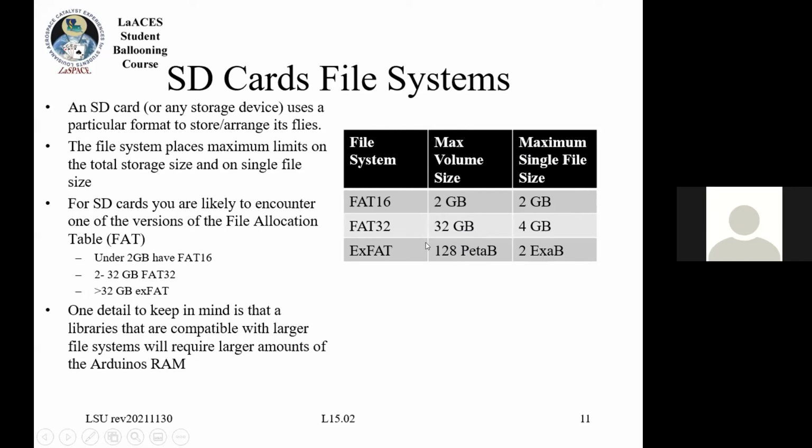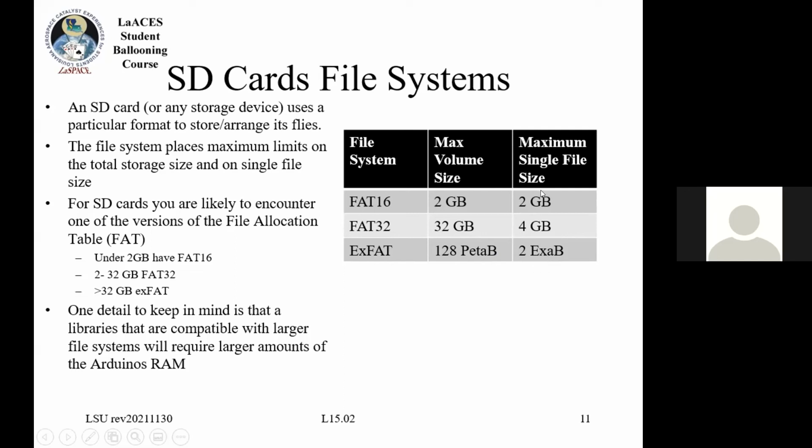And you can see in particular for the exFAT, the limits are really big. So a terabyte is one step above a gigabyte, and a petabyte is the next size above that. And an exabyte is the next factor of 1,000 above peta.